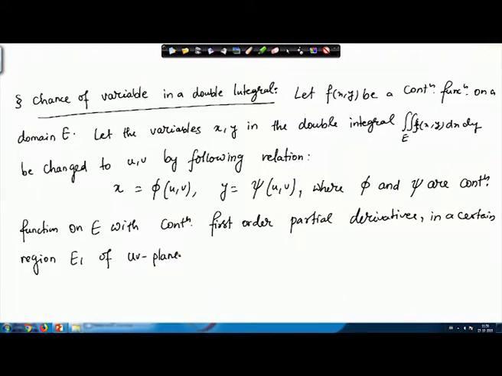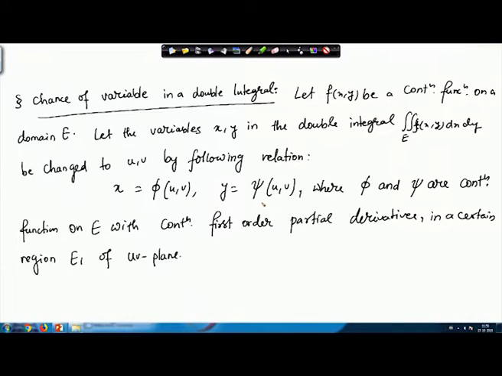Since we are transforming the variables x and y to the variables u and v, obviously from the region E we will get transferred to a region E1, because for the variables u and v, after doing the transformation, they might bound a different region. However, the dimension will not change. x and y signify the two dimensional geometry, so once you are using the transformation, phi and psi will again be transferred to a two dimensional domain.